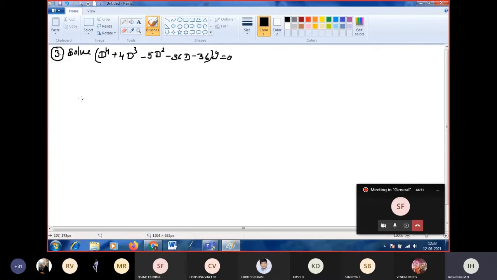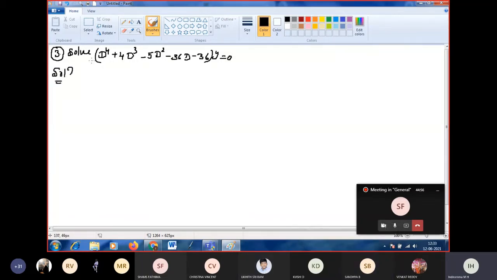I will repeat the question once again because I want to check it. If the question I am copying itself is wrong, the complete problem will be wrong. That's all. D power 4 plus 4 D cube minus 5 D square minus 36 D minus 36 into y equal to 0. Okay. Written the question? Yes. Okay, come to the solution.